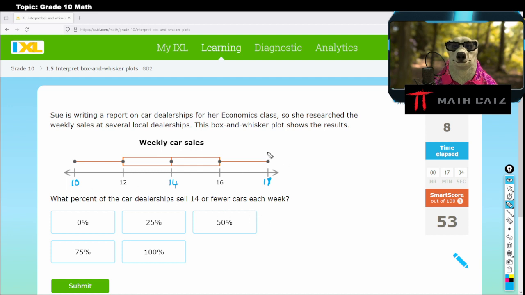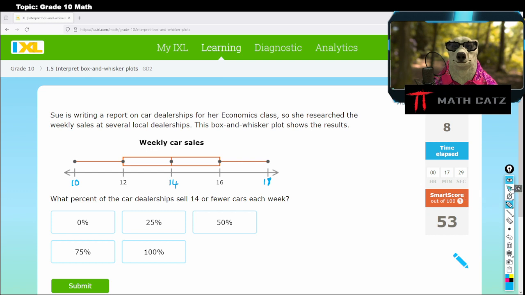Now, we can ask many questions here. A specific question that they are asking: what percent of the car dealerships sell 14 or fewer cars? Well, that's where my median sits, which is the first 50%, 25 and 25. So half of the car sale numbers that she's collected fall from 10 to 14.